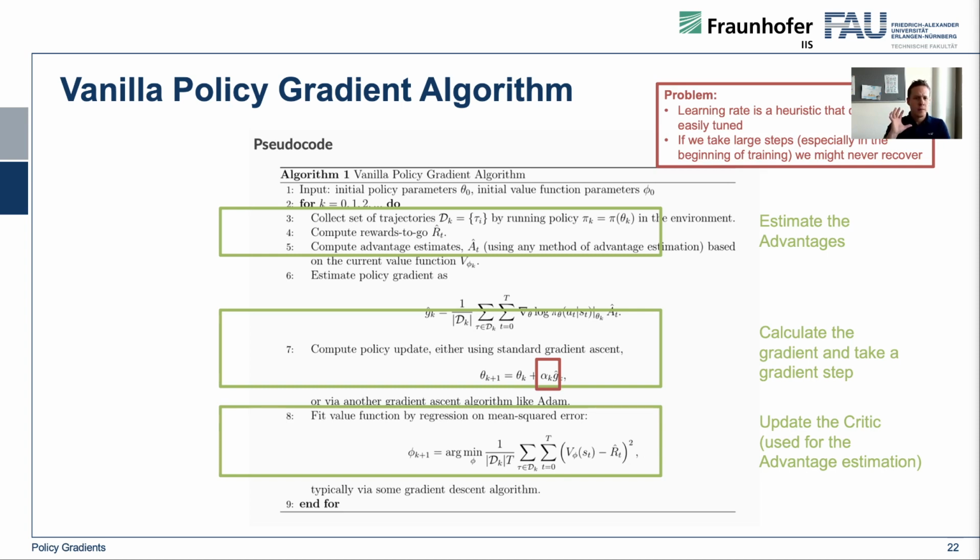Yeah, so there are still limitations to this. The learning rate, which you use to update your policy, is a heuristic that is not easily tunable, because your policy decides on the data that you will see in the future, which we use to estimate the value function and also to collect data.